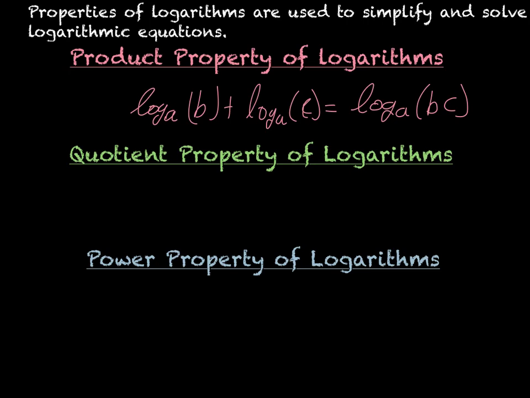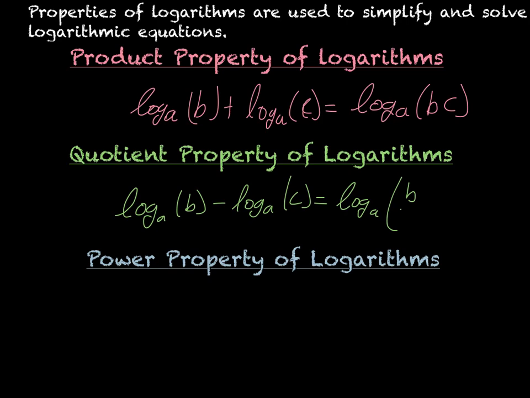As long as that a is the same, this works. The quotient property of logarithms is similar. It says log base a of b minus log base a of c can be put together into log base a of b divided by c.